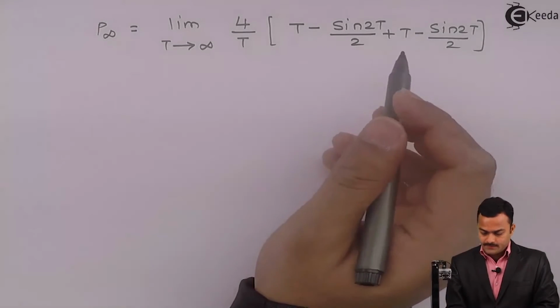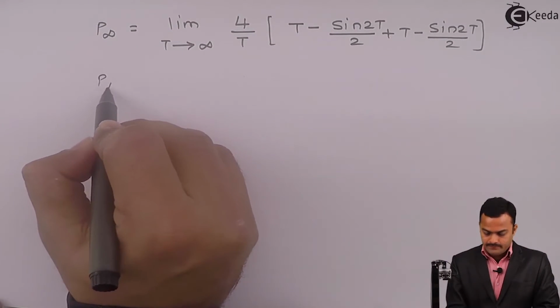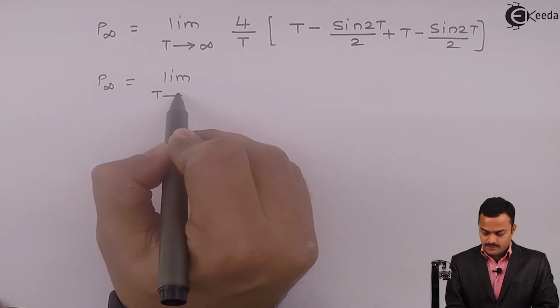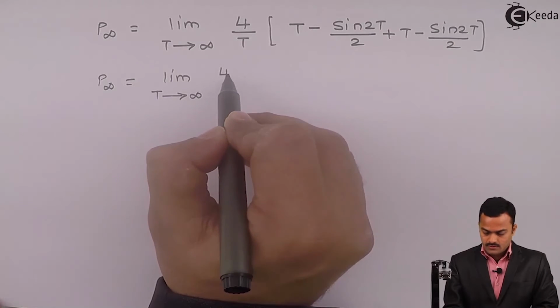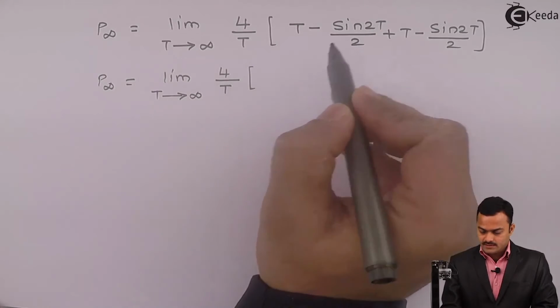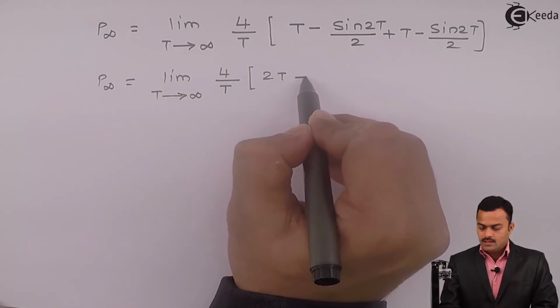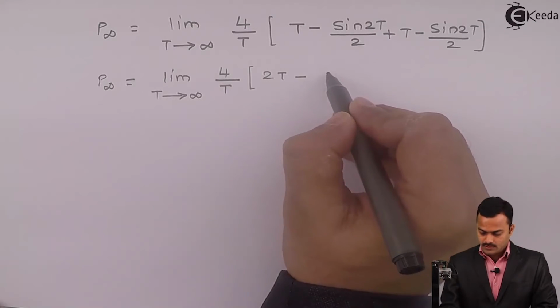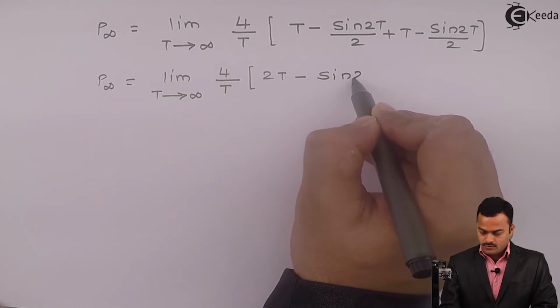If I solve this, I will get P infinity as limit T tending to infinity 4 by T, T plus T is 2T, and the 2 times this term will give you sine 2T.